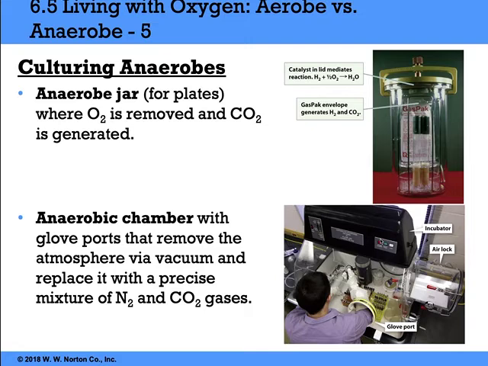What you can see here are some different methods of culturing different organisms. You've got an anaerobe jar for the growth of strict or obligate anaerobes, and an anaerobic chamber. You can see here that it's equipped with ports that remove the atmosphere through a vacuum and replace it with nitrogen and carbon dioxide gas. A low-tech, less fancy way to do this is to make what's called a candle jar.